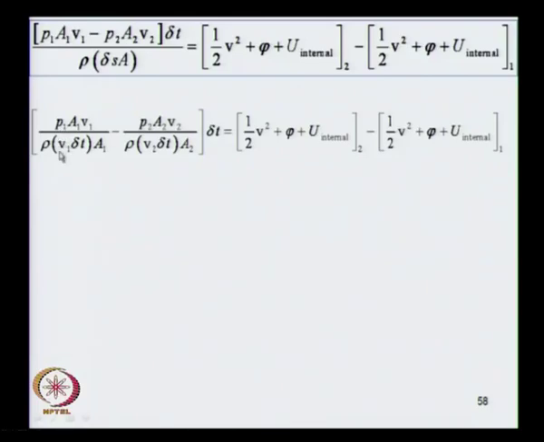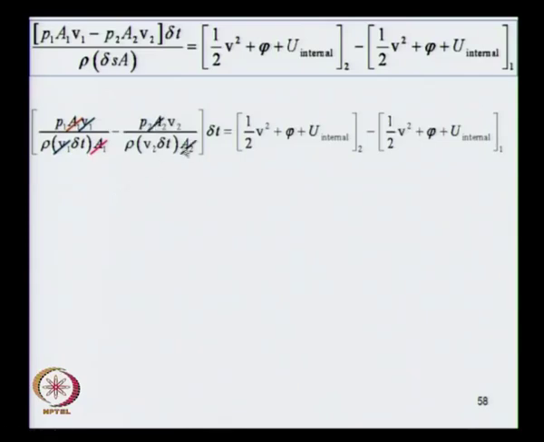So, this is the velocity V1 times the time interval, and from the second term over here, again this is the velocity times the time interval, and now you can cancel some of the common terms because there is an area A1 here, there is an A1 area over here. So, these two terms cancel, then these two V1s cancel, right.